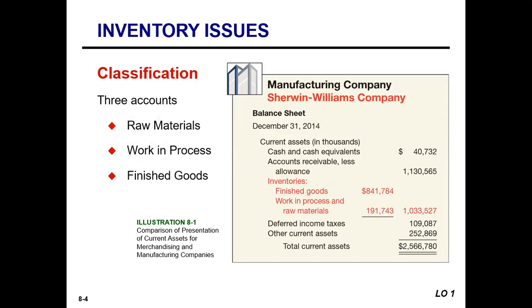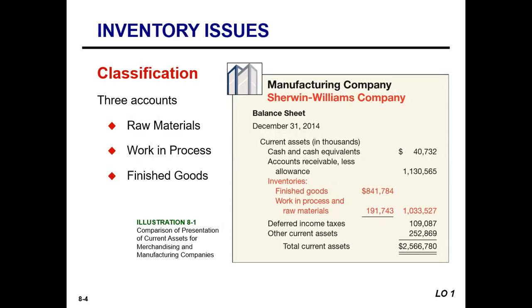Whereas a manufacturing company, like they're showing us the example here, has 3 inventory accounts: raw materials, work in process, finished goods. Again, for those of you in cost and managerial accounting, we've been discussing these accounts and getting practice calculating these different costs in cost and managerial accounting as well. But these inventory accounts are still considered assets, right?